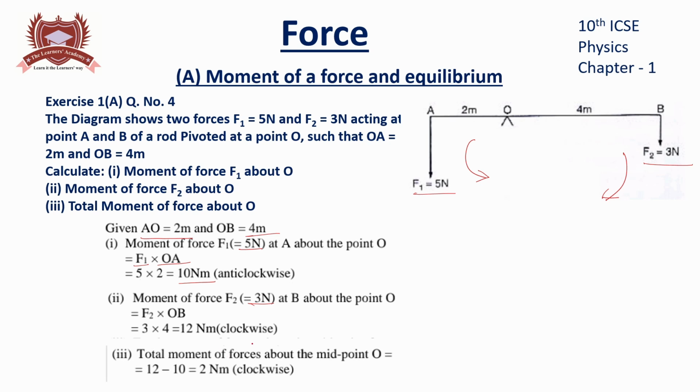So at point O, the moment of force would be the moment of force in the anti-clockwise direction minus the moment of force in the clockwise direction. So that is 2 Newton meters. Since the larger moment was in the clockwise direction, my total moment would also be in the clockwise direction, which basically means that this rod is going to be pushed in this particular direction.